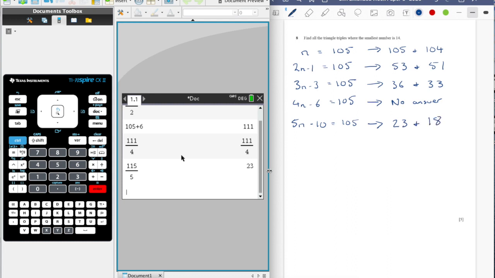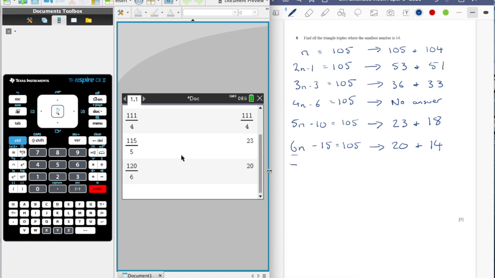Let's keep the pattern going. 6n minus, after we've added 4, we need to add another 5. 15, can that equal 105? Now that's going to imply that we get 105 plus 15, so 120, divided by 6, which is going to give me an answer of 20. And I want 6 below that, because it's 6n, so that's 14.